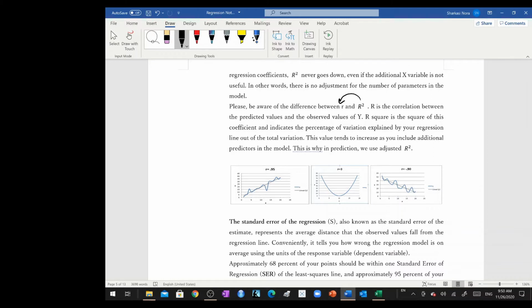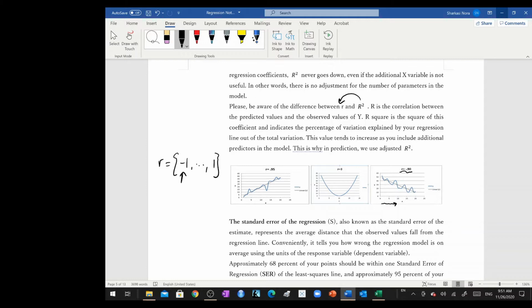R-squared comes from R. R is actually Pearson correlation. R is a Pearson coefficient, or a Pearson correlation. R ranges between -1 and 1. -1 indicates a negative relationship. Basically, as you can see, r is negative 0.90.